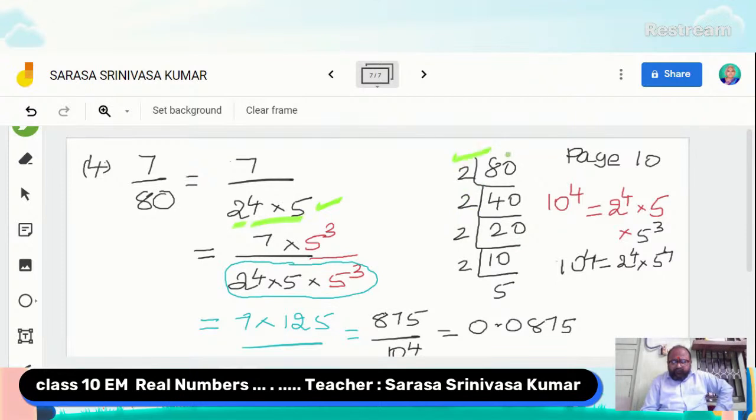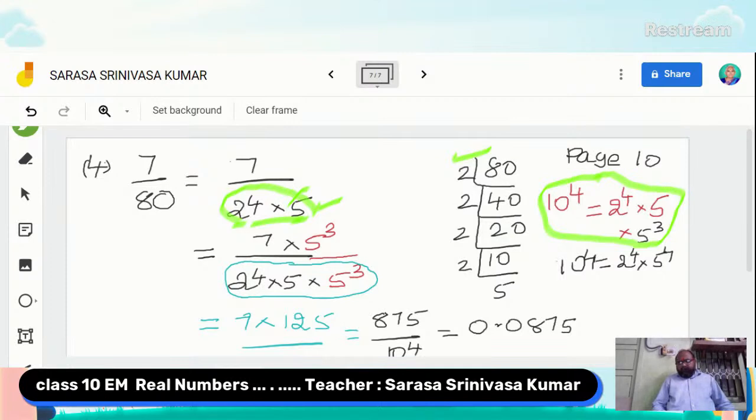So I have found the prime factors. Now 2 power 4 multiplied by 5 is in the denominator. I want to get the form 10 power 4 in the denominator. To get 10 power 4 in the denominator, I should multiply by 5 power 3.